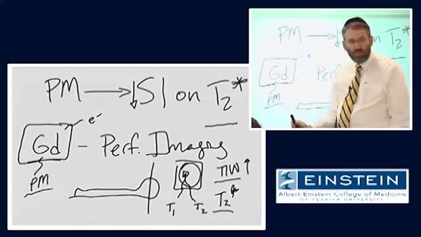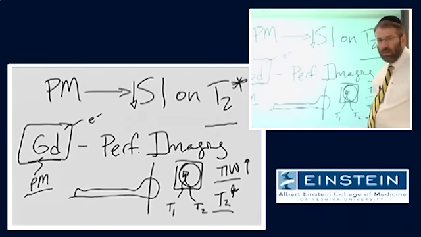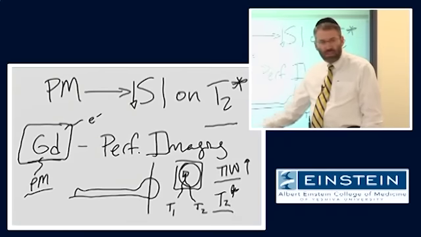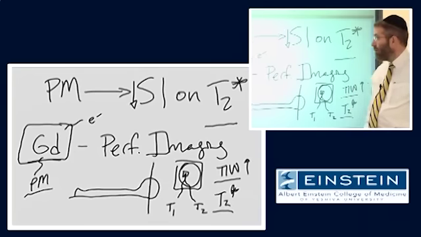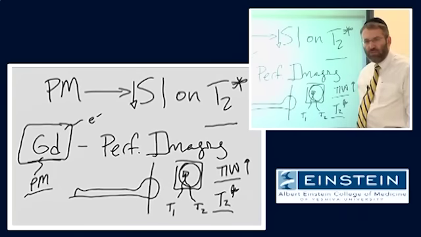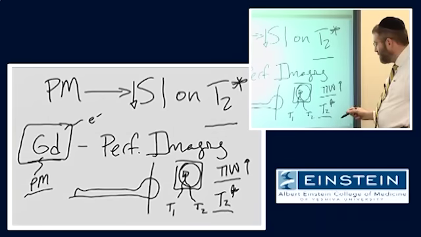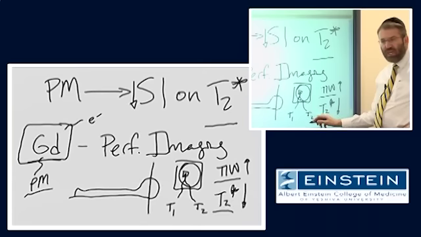Its magnetic susceptibility is very high, which means that the presence of gadolinium contrast leads to variability in the static magnetic field, dephasing and loss of signal. So we would expect that there would be lower signal amplitude the second time we do this T2 star weighted imaging relative to the first time, simply because of the presence of the contrast agent.